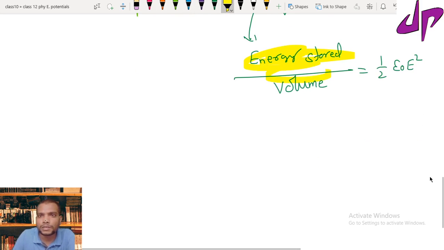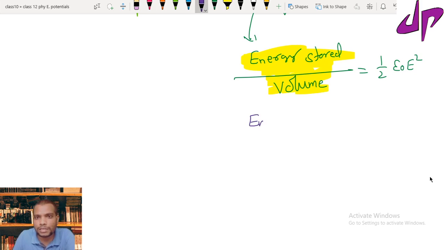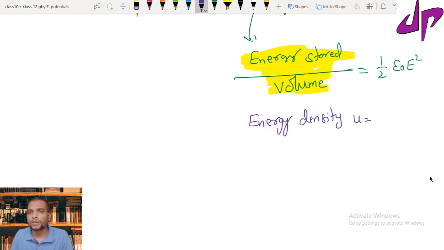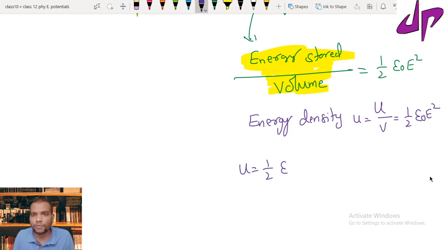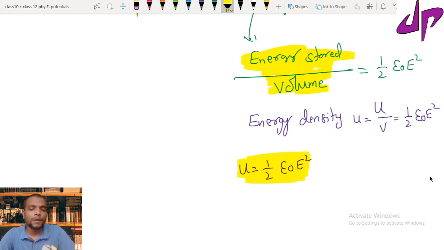Therefore energy density we represent as small u, which equals capital U upon V, which equals half epsilon naught E square. The final expression: energy density, lowercase u, equals half epsilon naught E square. So this is the expression we needed to derive, the energy density of a parallel plate capacitor.